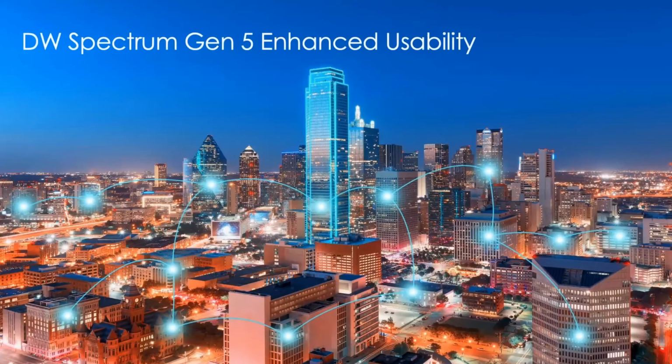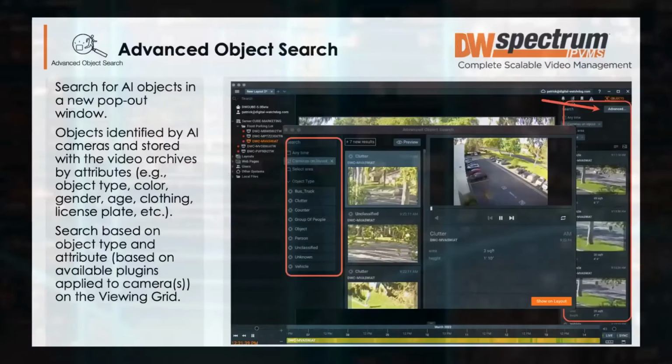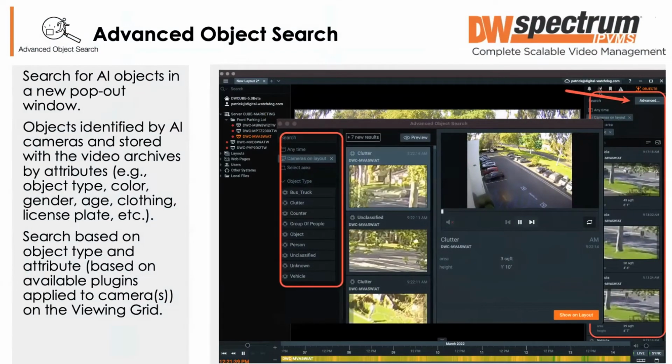Enhanced usability. So a lot of enhanced usability capabilities within Spectrum. As I said, a lot of them are dedicated towards metadata-driven capabilities, which is exciting in terms of, as the product continues to grow, its ability to interact with analytics solutions out there.